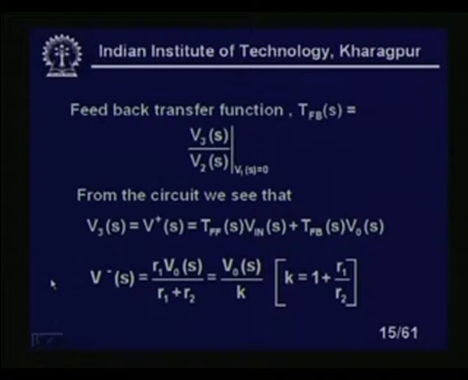And so, solving this, we can also write that V minus (s) equal to R1 V0(s) upon R1 plus R2, which is V0(s) upon k, because small k equal to 1 plus R2 by R1. Please note that small k and capital K are different. The small k is the amount of negative feedback you give in the positive feedback circuit, whereas capital K is the gain constant of the circuit, right. These 2 are different.